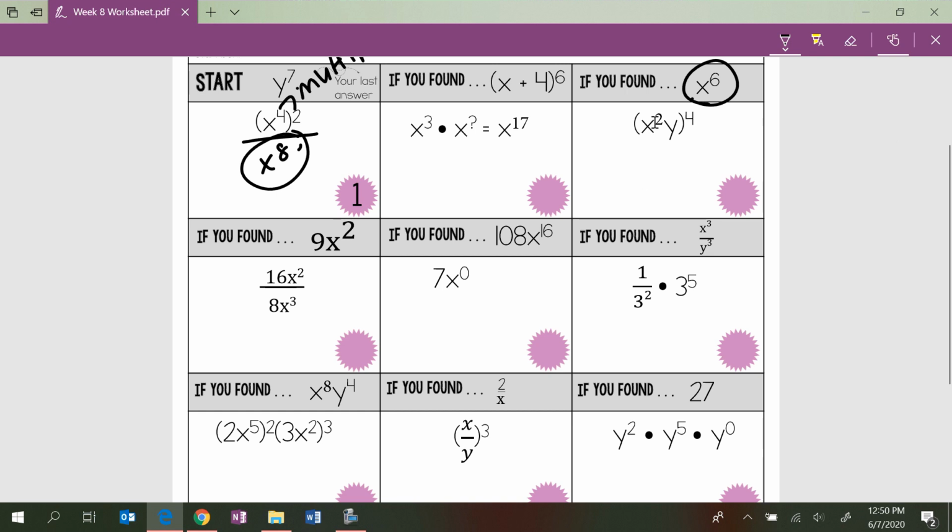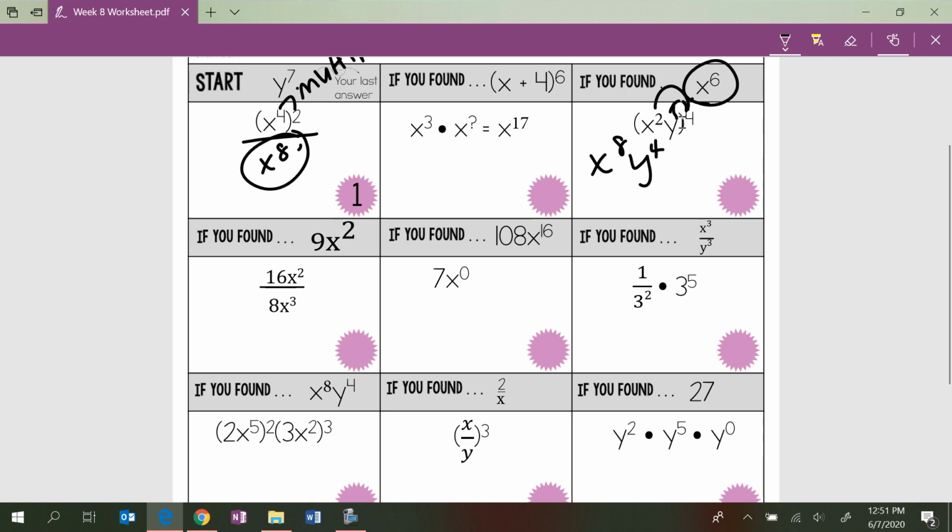Kind of like where we started off, we've got x to the 2nd times y, all in parentheses, to the 4th power. So all I have to do is multiply 4 times 2, but also 4 on this y. That leaves me with x to the 8th power and y to the 4th.